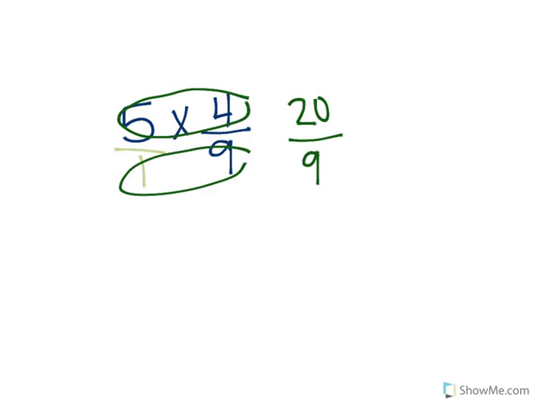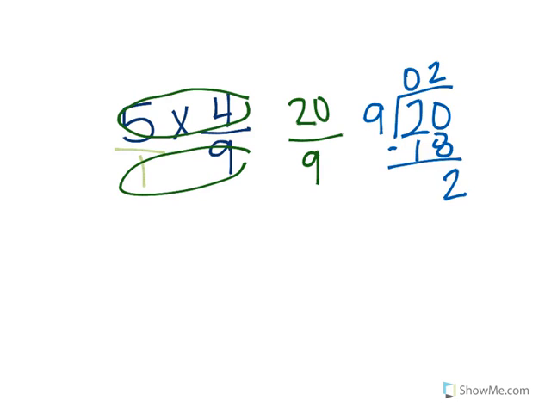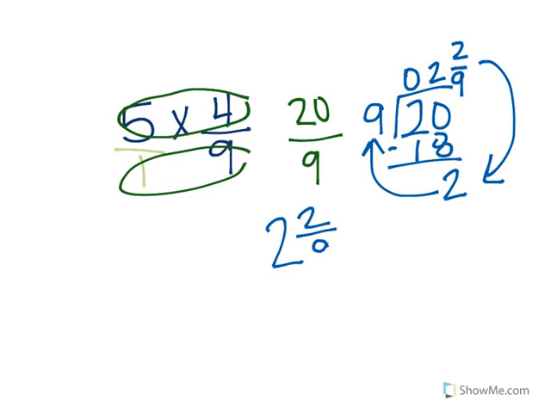Again, I know that is improper, and I cannot leave an improper fraction improper. So I'm going to divide. 20 divided by 9. 9 is going to go into 20 twice, which is 18. I subtract, and I know 18 to 20, that's 2. So I go around the world, and I'm going to get 2 and 2/9. So 5 times 4/9 is equal to 2 and 2/9.